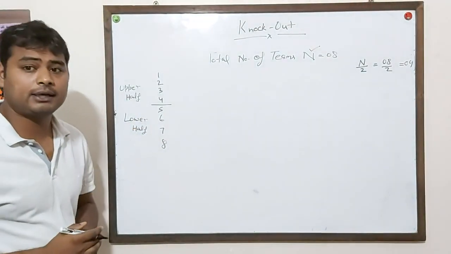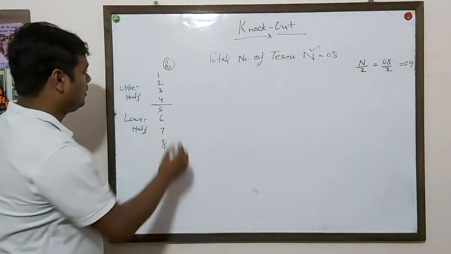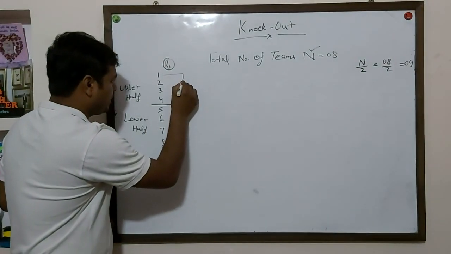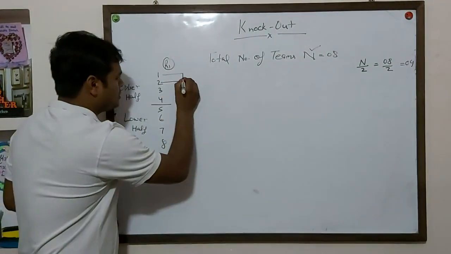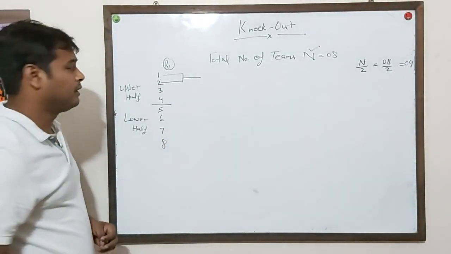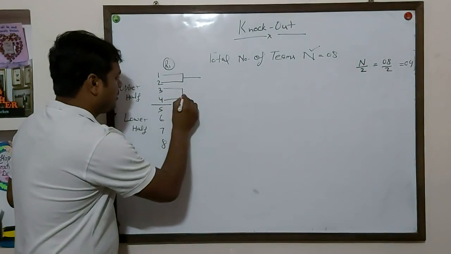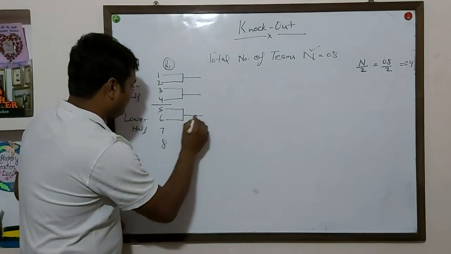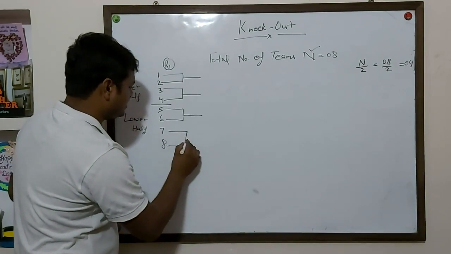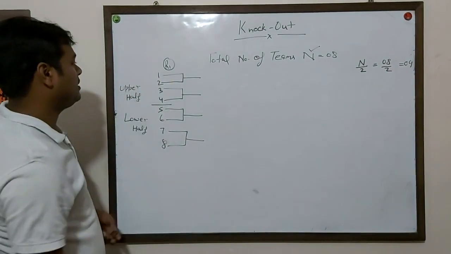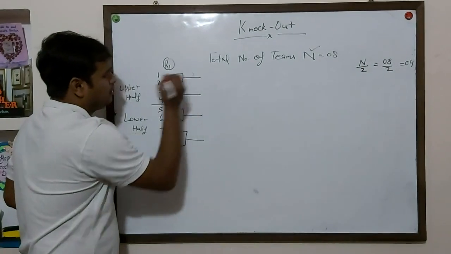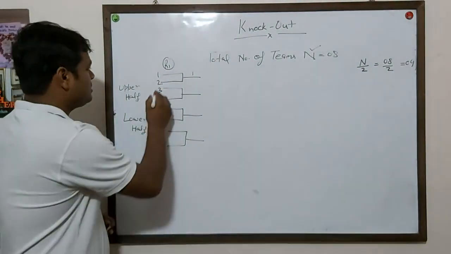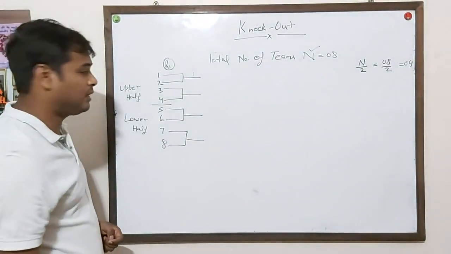Now we will conduct round 1. In round 1, two teams will play one match. Suppose first match between 1 and 2, second match between 3 and 4, then next 5 versus 6, then next 7 versus 8. Suppose in the first match 1 won, it means 2 is out from the tournament.